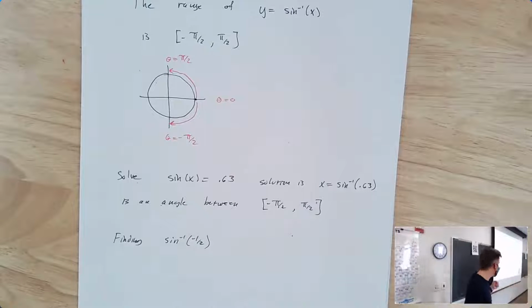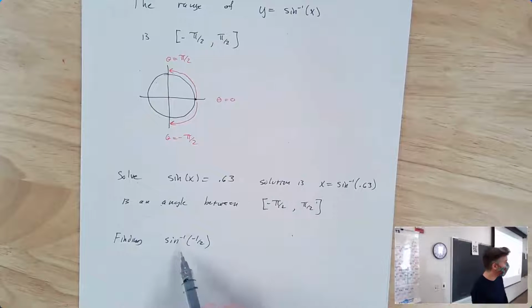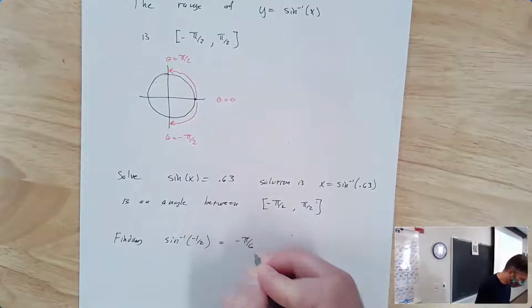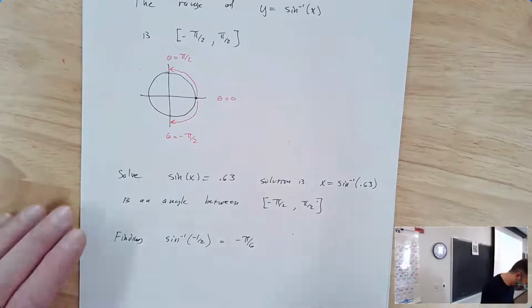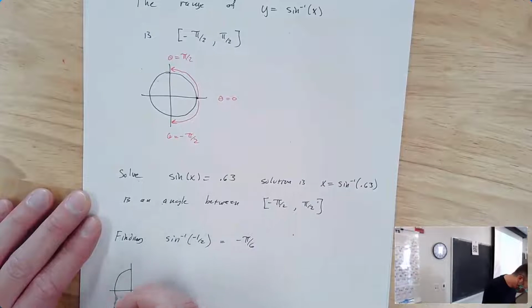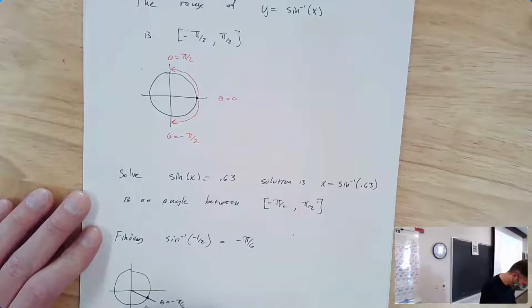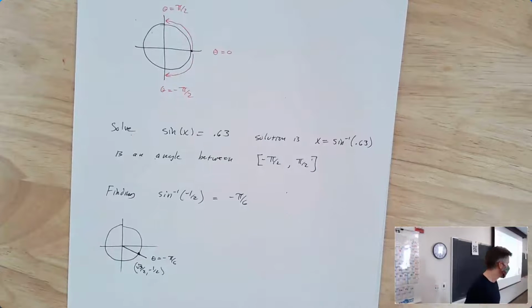But I know it's actually not pi over 6 because I want inverse sine of negative 1/2. So the answer should be negative pi over 6. Because if you look back, if you go negative pi over 6, you're down there. And the point there is exactly root 3 over 2 comma negative 1/2, and the sine value is negative 1/2. So that's how you find the inverse sine of negative 1/2.